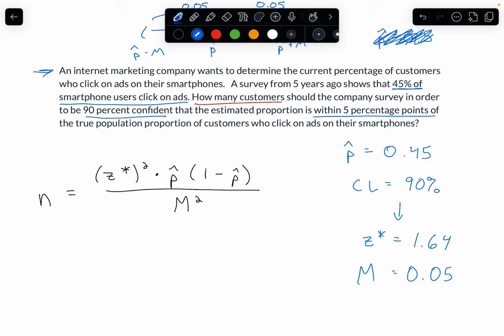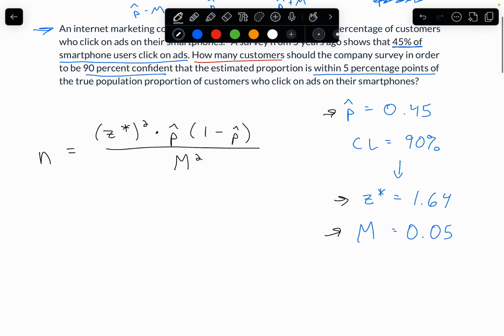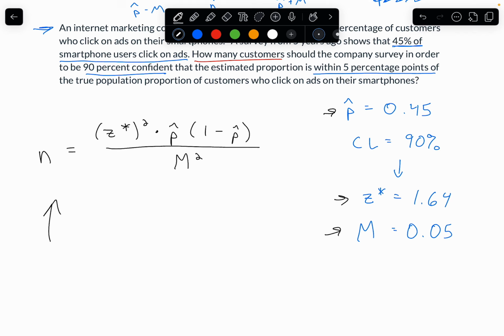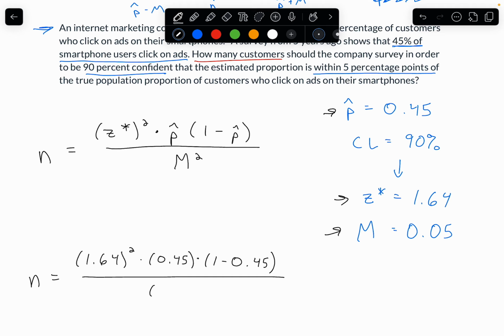And if we can grab all that information from our problem, then for the most part, these questions will be fairly straightforward. We're just going to take our p hat, our Z star, and our m, and we're going to plug those into our sample size formula over here on the left. So n is equal to Z star, that is 1.64 squared, times p hat, 0.45, times 1 minus p hat, 1 minus 0.45, divided by my margin of error, 0.05 squared.